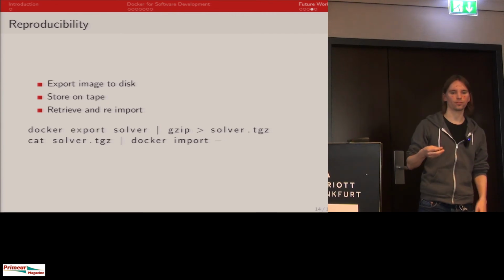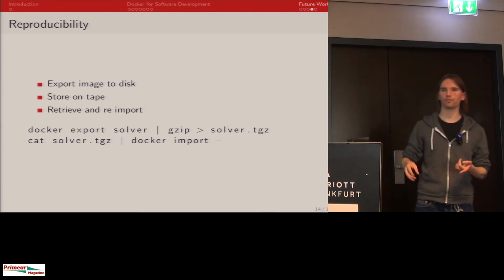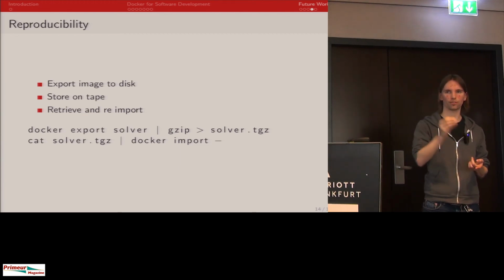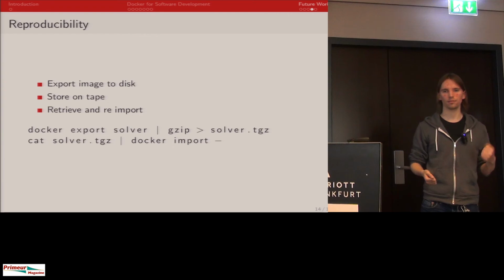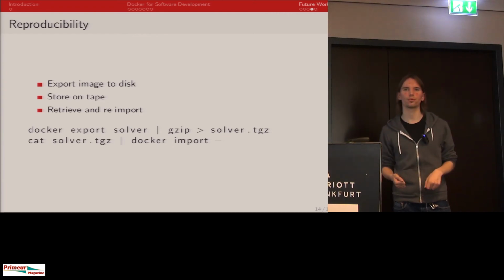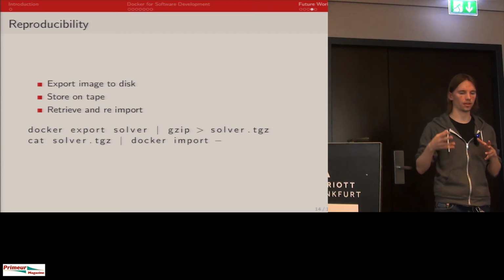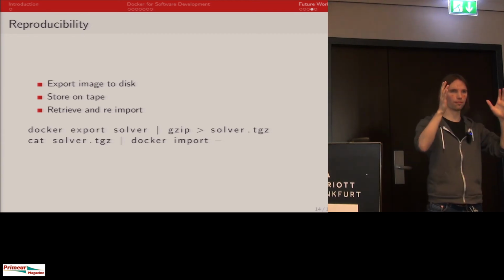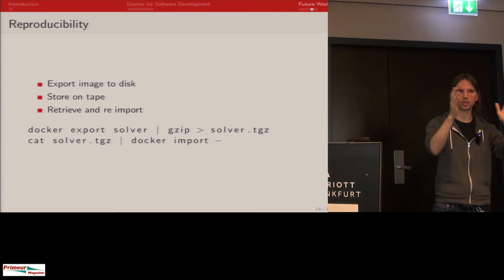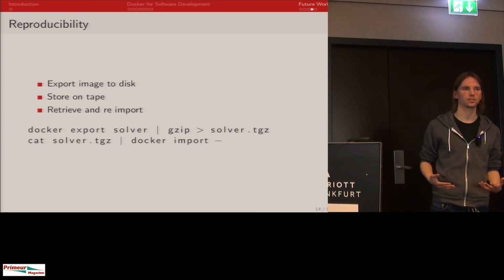If you want to persist your changes, you can just take the file, export it to tape or store it in your data archive. And if somebody asks you, can you show me how you produced these results? You just say, here, you have the exported Docker image, import it, have a look at it, and you will see how I did it.